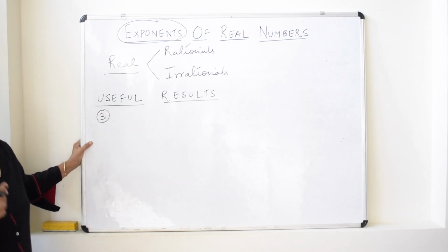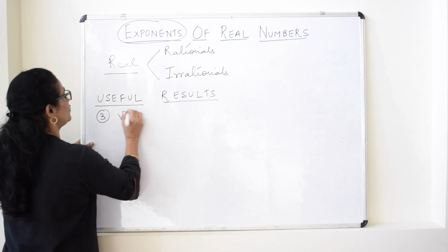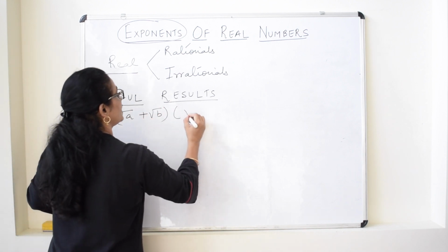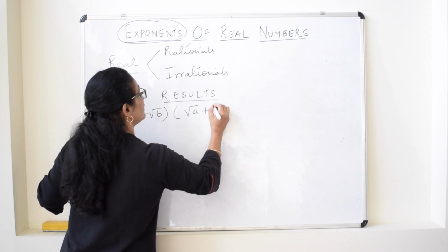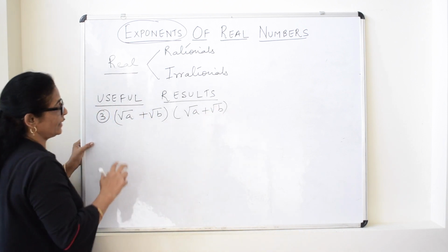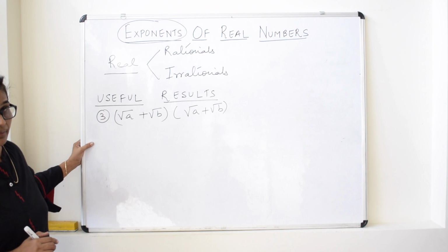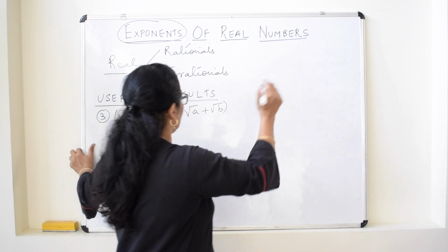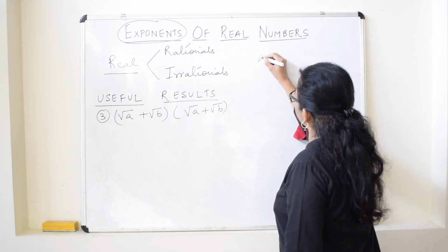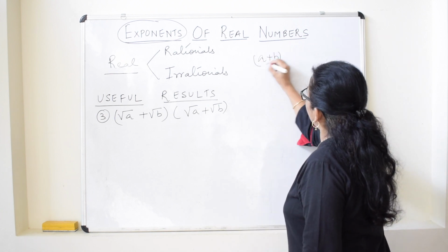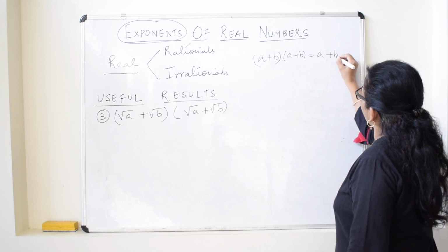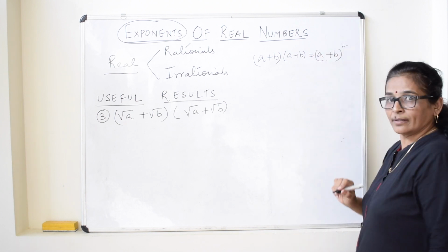Next is based on identities. Under root of a plus under root of b multiplied by under root of a plus under root of b. Here we have taken a and b as two real numbers, and this is a plus b into a plus b. If we compare it with a plus b into a plus b, it was actually a plus b the whole square.